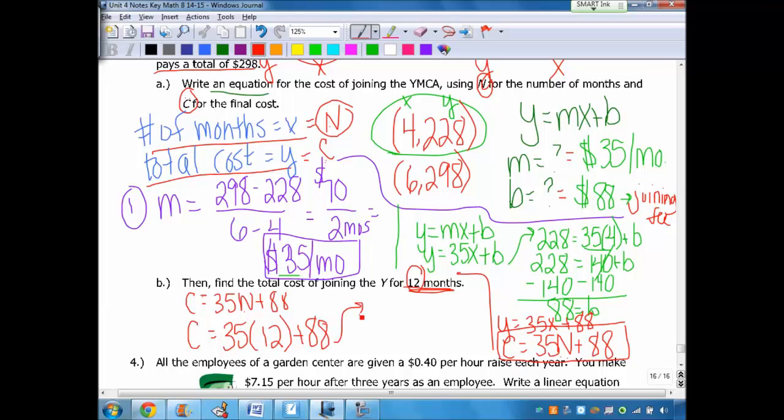Well, what is 35 times 12? Let me just type it in: 420. So C = 420 + 88. So if you were to join the gym for 12 months, you'd pay $508.